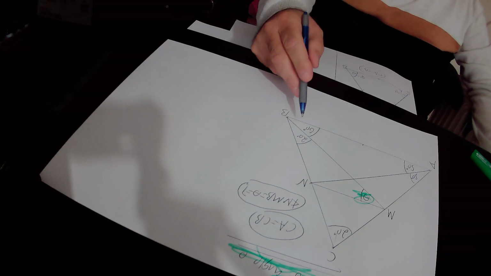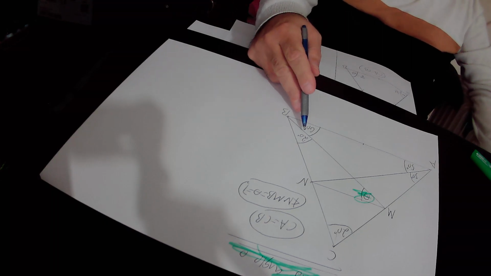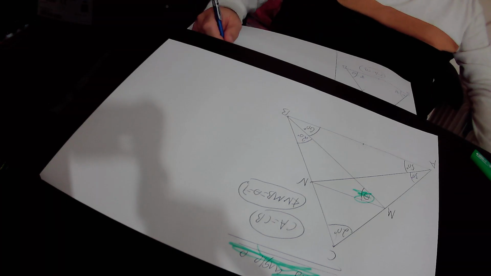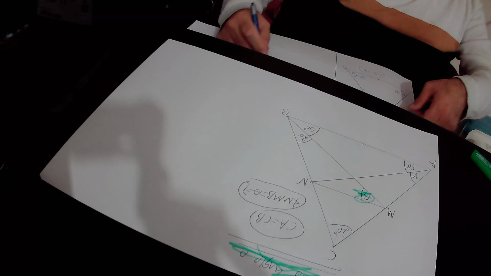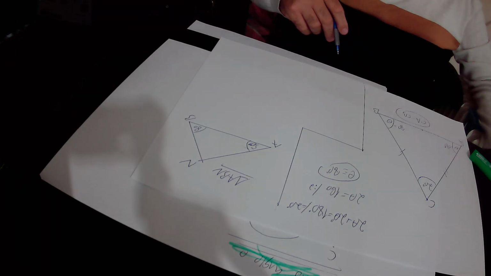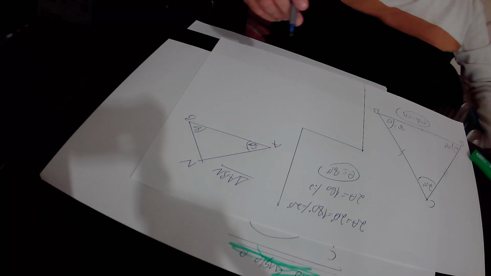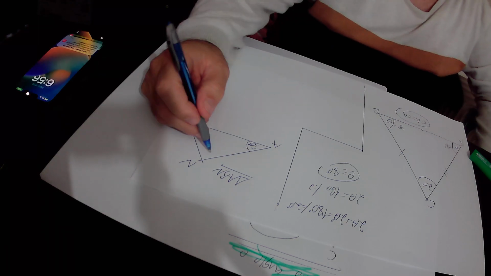And this is angle theta that is equal to 80 degrees. So actually this is triangle NAB that I copied from the original drawing. We define the missing angle as theta.